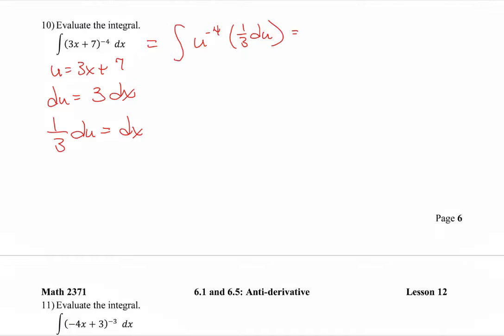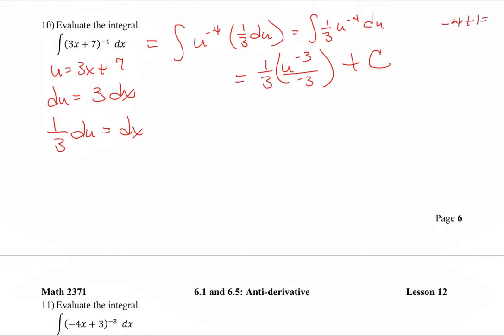Now we rearrange so that we get 1/3 u to the negative 4 du. Now we integrate, equals 1/3 u to the negative 3 over negative 3 plus c, and that's because negative 4 plus 1 equals negative 3.